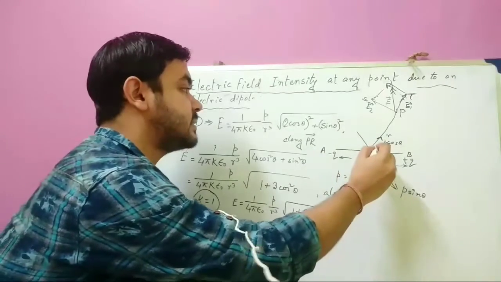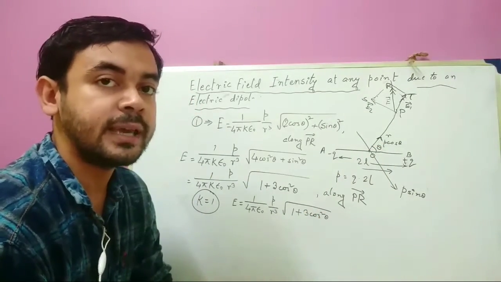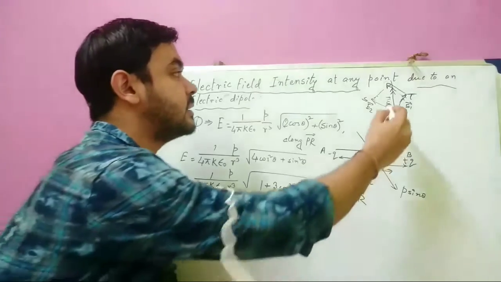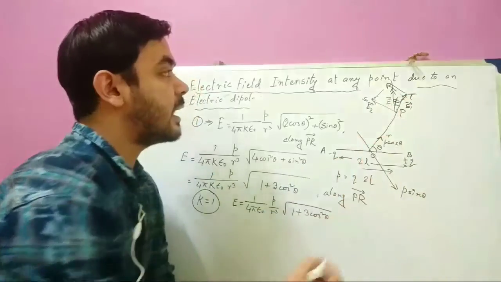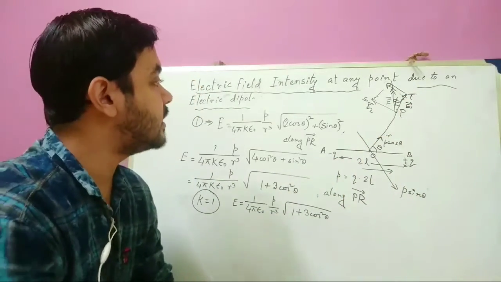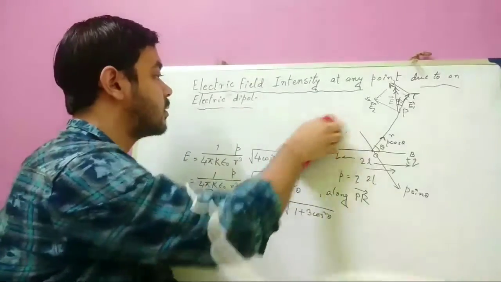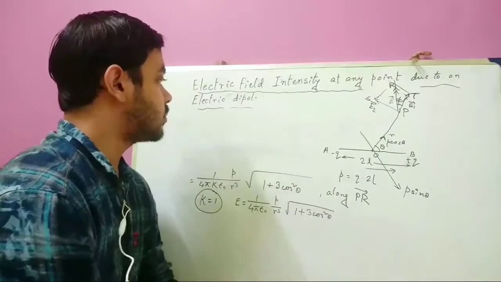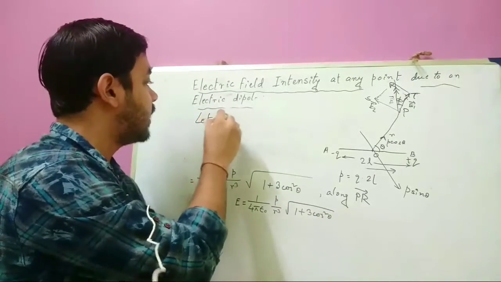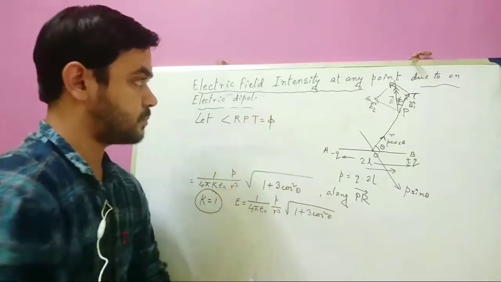Suppose the angle made by OP with AB is theta, and let angle RPT be phi.